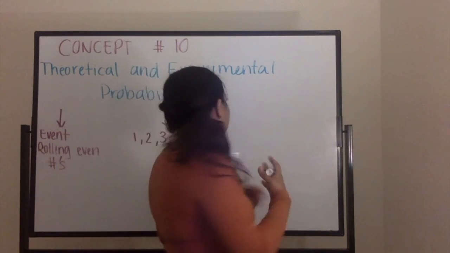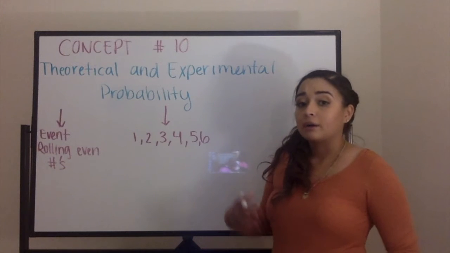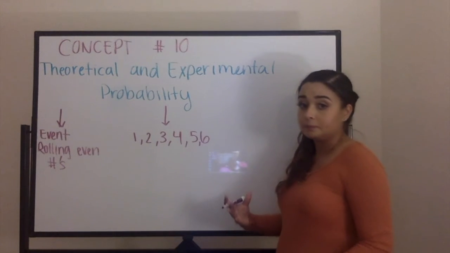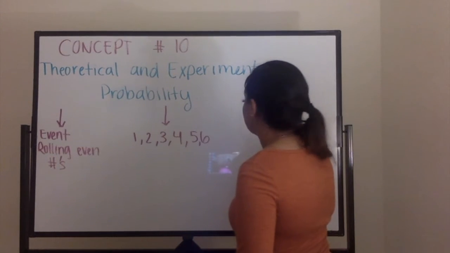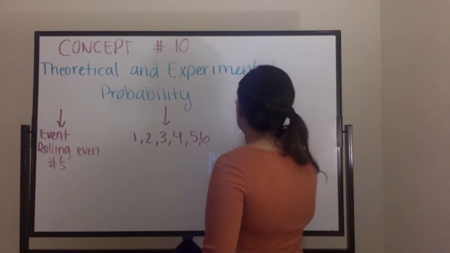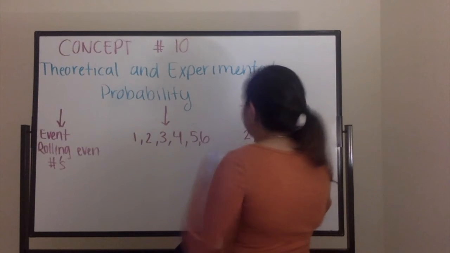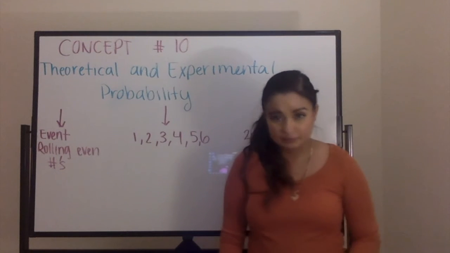Now, how many of all my possible outcomes are favorable? The favorable outcomes would be even numbers, so 2, 4, and 6.